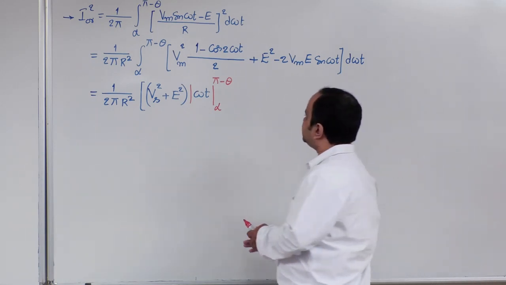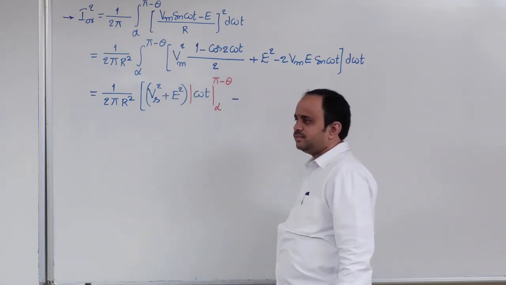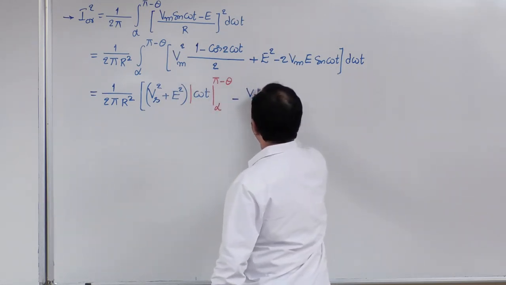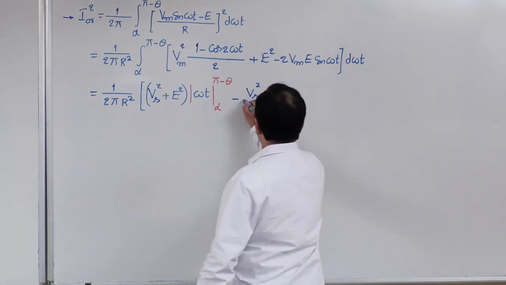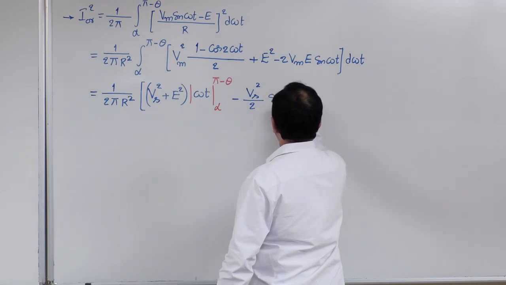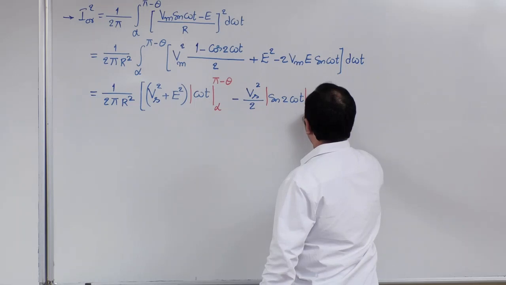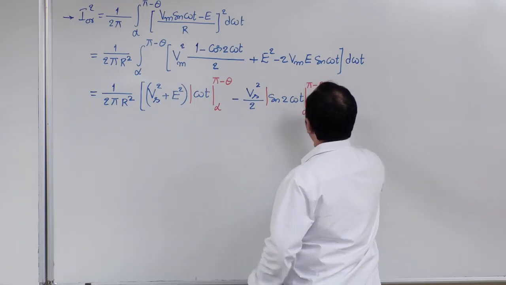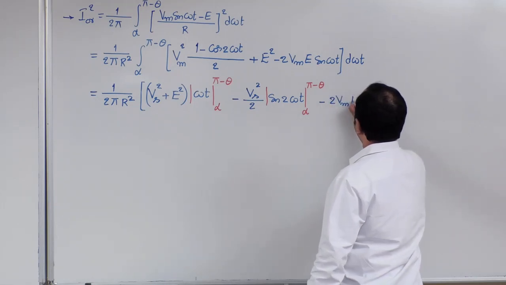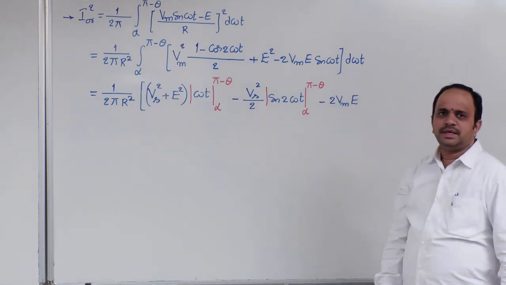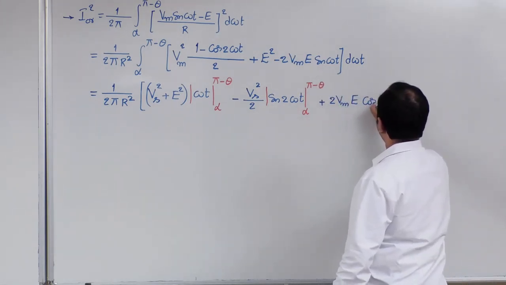Alpha to pi minus theta. Next, minus Vm square by 2 is written as Vm square cos 2 omega t integration 1 by 2 sin 2 omega t, limits from alpha to pi minus theta, minus 2Vm into E. Integration for sin omega t is minus cos omega t.